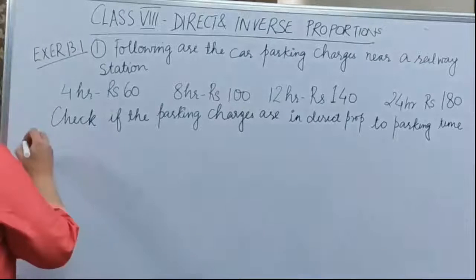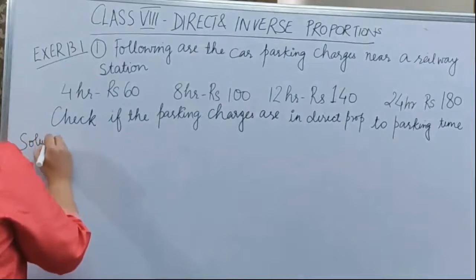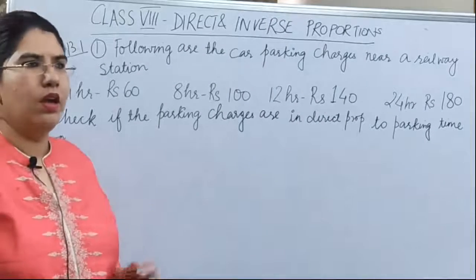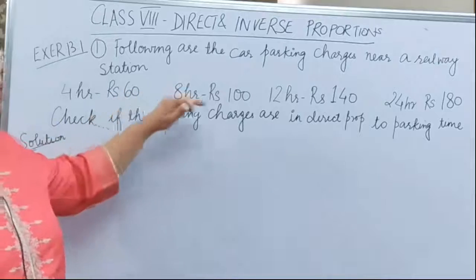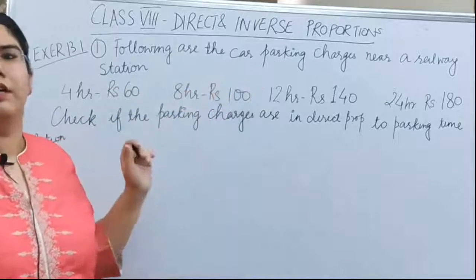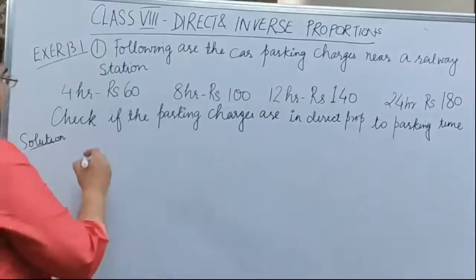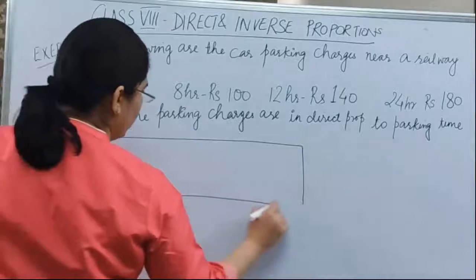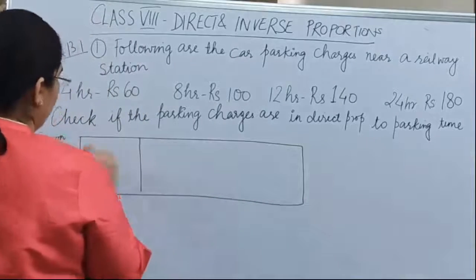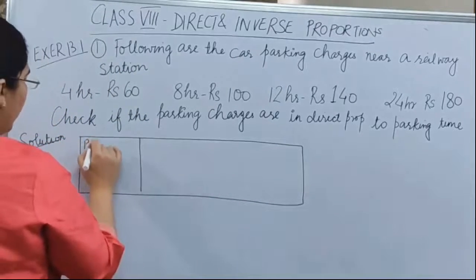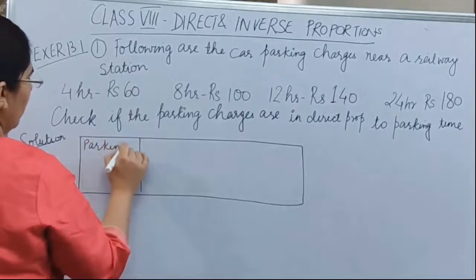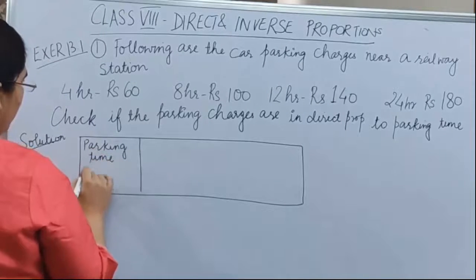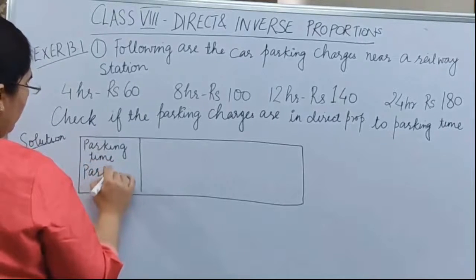So, let us start by solving this question. The first step in any such question which I recommend is you should put these values in a tabular form. So, step 1 is that we make a table where we put these two quantities and tabulate it. So, we say parking time and parking charge.